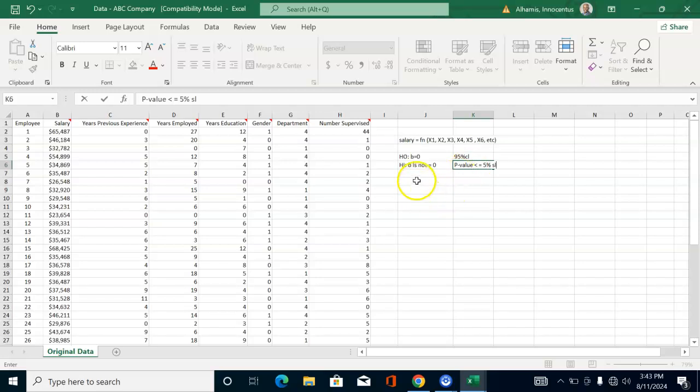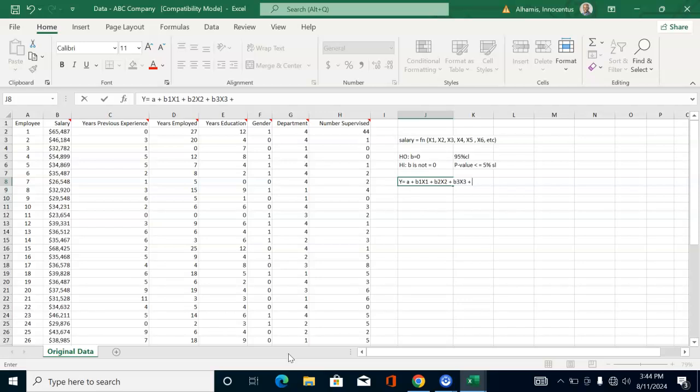And so having this, we can now create our regression model, which will be either salary, or we can say y equals, first of all, the y-intercept, which is a, plus the slope of x1, plus b2, or the slope of x2, plus the slope of x3, plus.